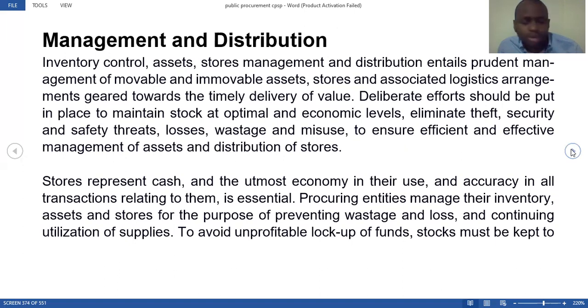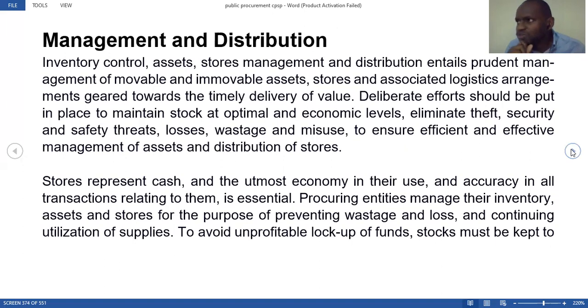And remember, the more you steal, then it means you will not have enough money for purposes of paying your employees and other issues. Therefore, it is very important to be very thorough when you're dealing with inventory.